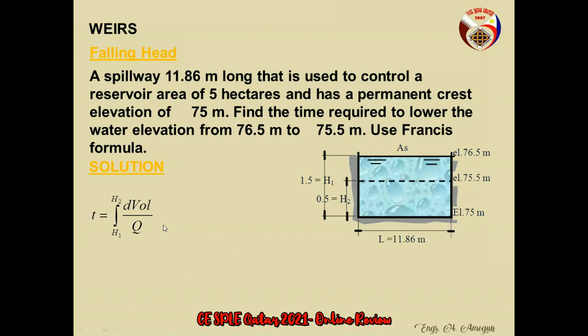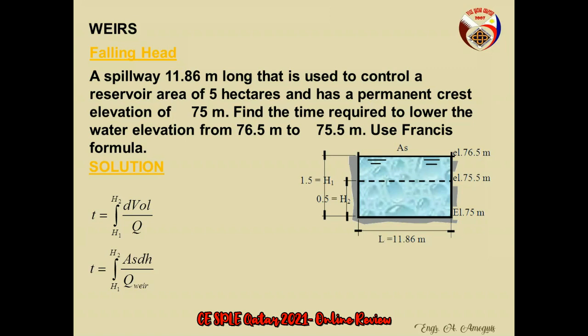integral of d volume over Q, from H1 to H2, where Q is, using the Francis formula, the Q of the weir, 1.84 L times H raised to 3 halves.